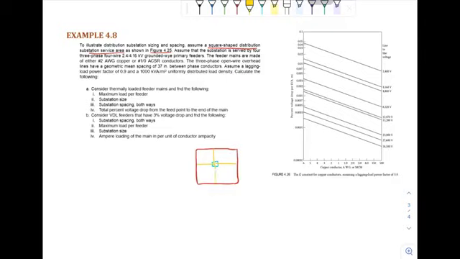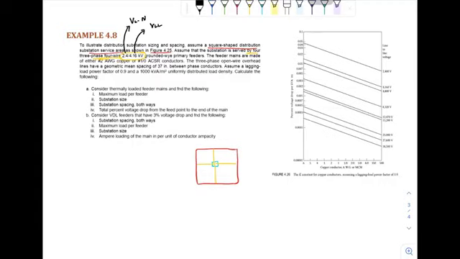You can see over here that the substation is served by 4 3-phase 4-wire primary feeders, and the voltage level is given over here. This 4.16 kilovolt is the line to line voltage and 2.4 kilovolt is the line to neutral voltage.